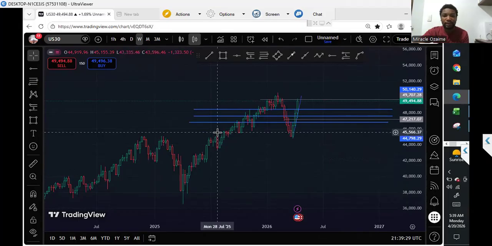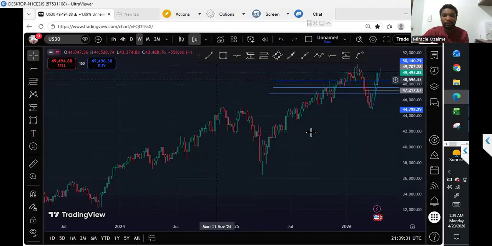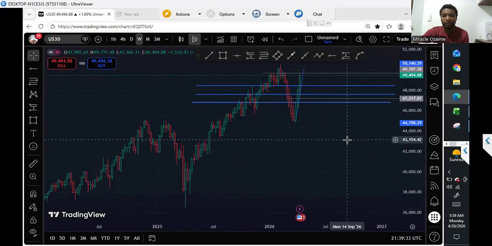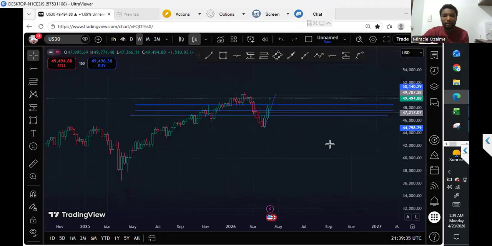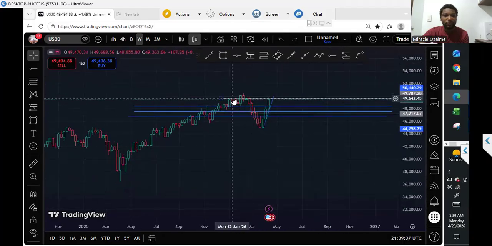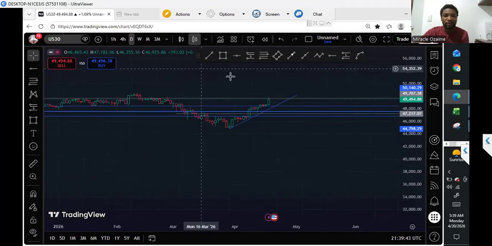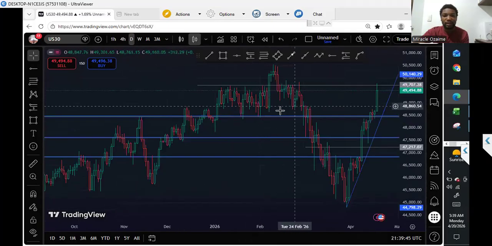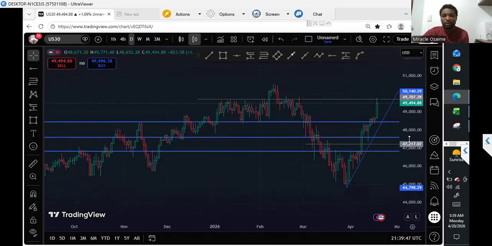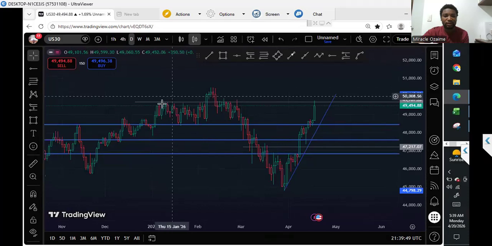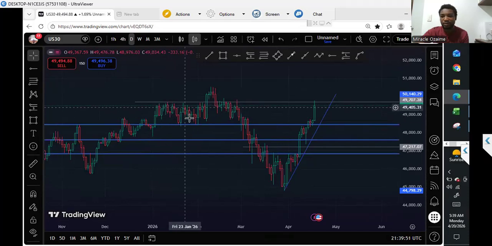But I think that this level is going to give a little bit of a correction. If you check this area properly, it's looking very consolidative as well. When we go to the daily time frame, you're going to see it clearly. When we got to this area, it was quite consolidative. A lot of consolidation around this region.